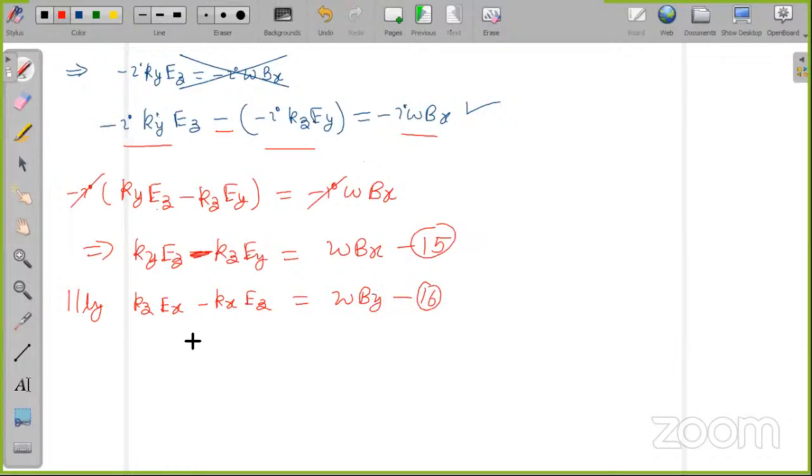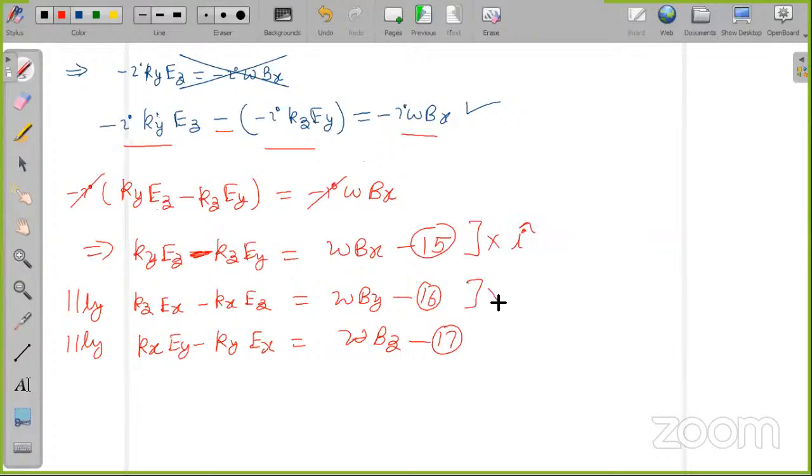And the third equation will be kx ey minus ky ex is equal to omega bz. This is 17. Now you multiply this equation both sides by i cap, the next by j cap, the next by k cap, and then add these three equations.